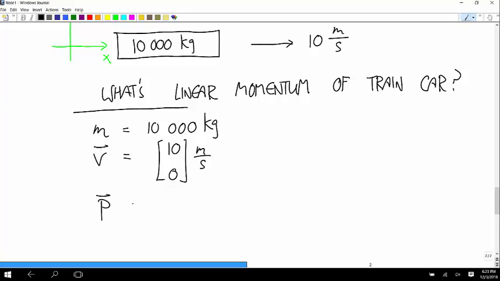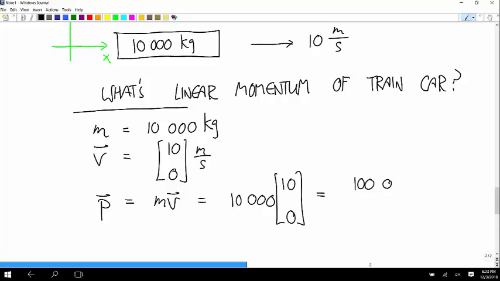And so the linear momentum is mass times velocity, which is 10,000 times the vector (10, 0). That gives (100,000, 0), a vector with units of kilogram meters per second.